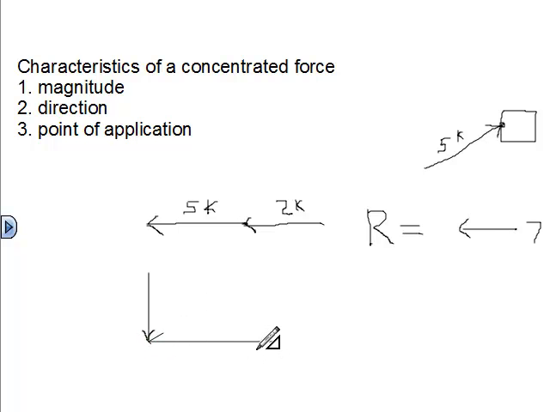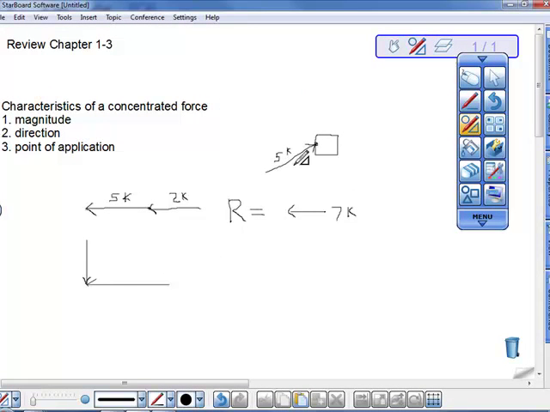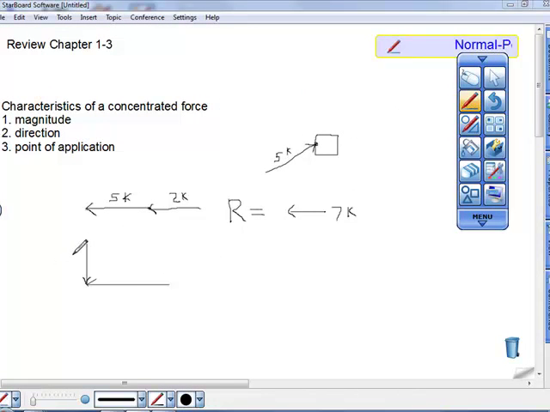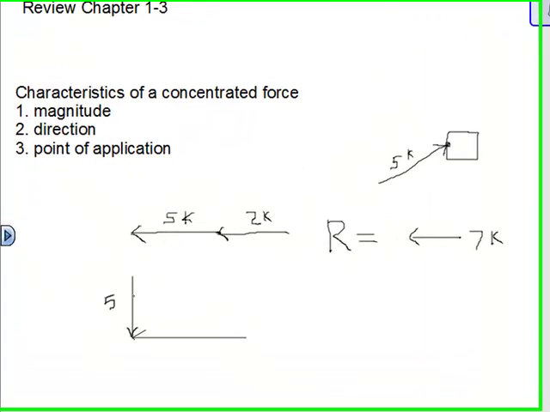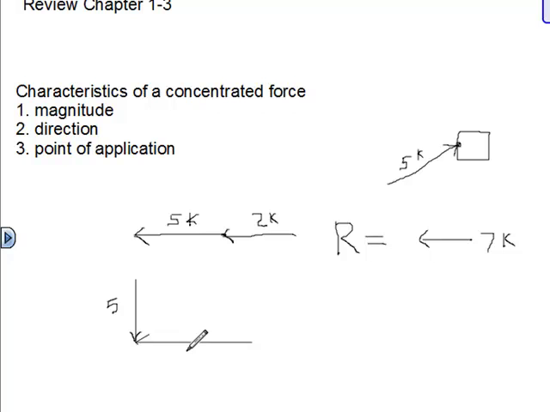It's bad arrows, but then say this one is going to be 5 kips or pounds, and then this one is going to be 10. What would the resultant of that be? That goes that way. How would you figure that out? You could do it drawing wise, you know, with the lines, or you could do it algebraically.